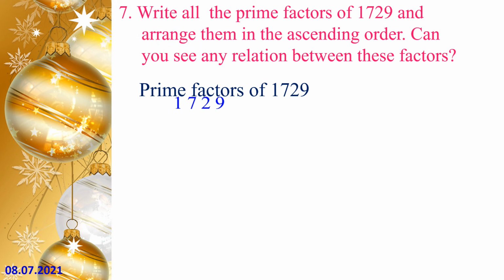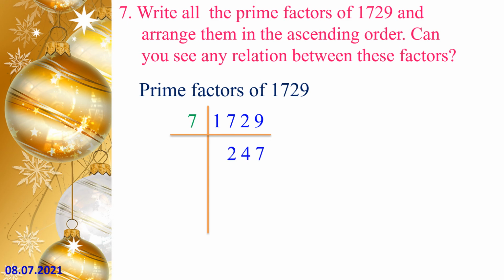Here the first divisor is 7 because it is not divisible by 2, 3, 5. Now 1,729 divided by 7 we get 247. Now the divisor is 13. So 247 divided by 13 we get 19.